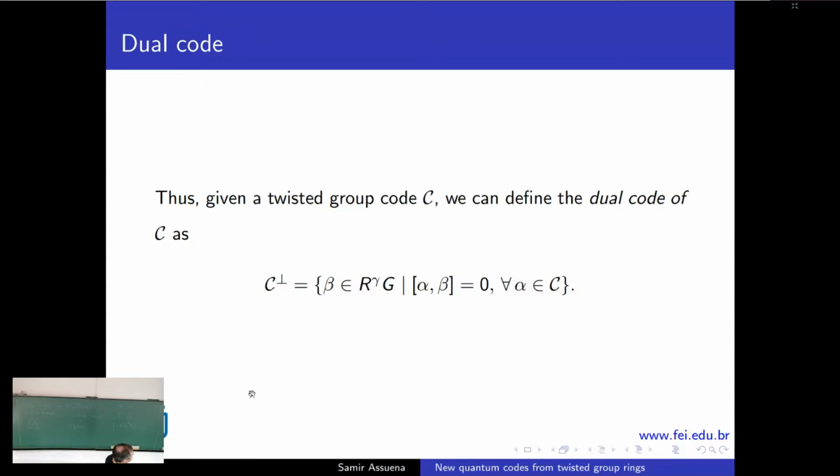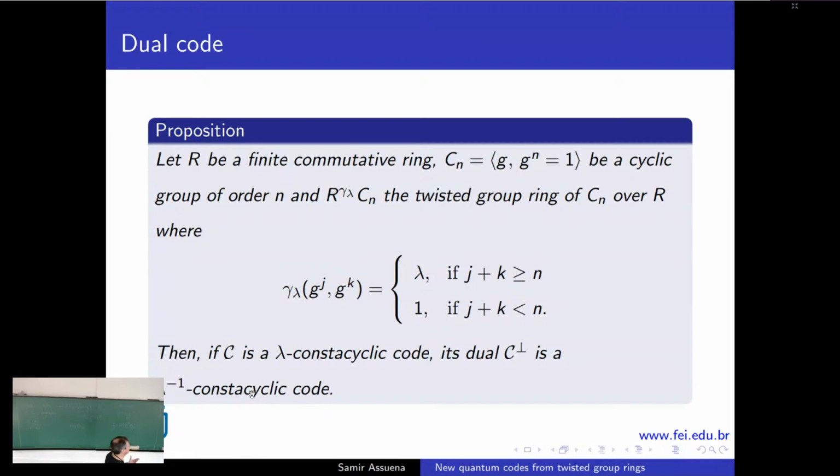The dual code is just the set of elements of the twisted group ring that is orthogonal to all elements of the code C. If C is a lambda constant cyclic code, its dual is a lambda minus 1 constant cyclic code.